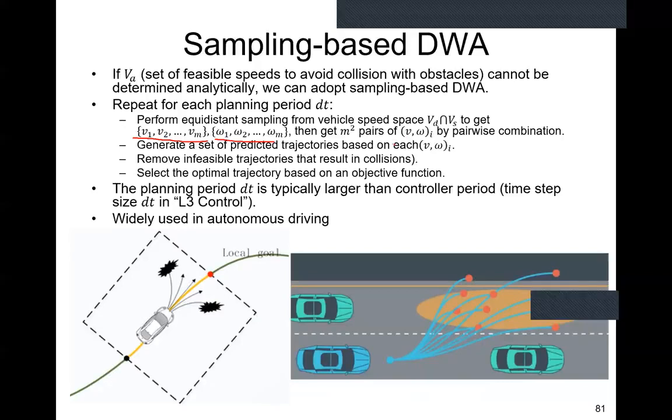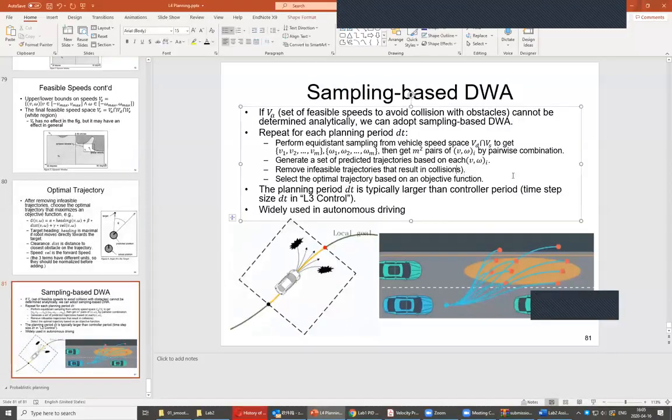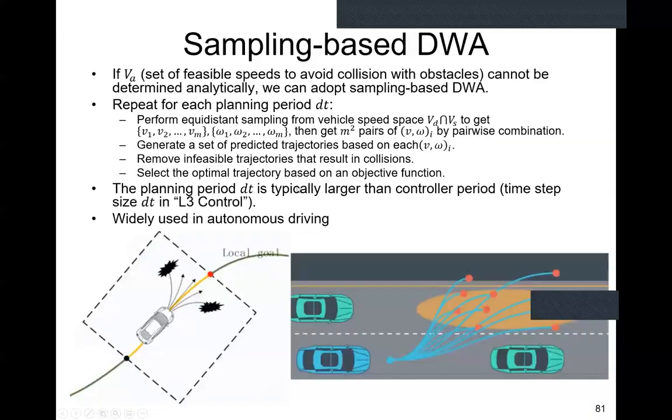For each V omega pair, you generate a set of predefined trajectories, check for collisions, and remove the infeasible trajectories that result in collisions. Finally, you define the objective function like before and select the optimal trajectory.